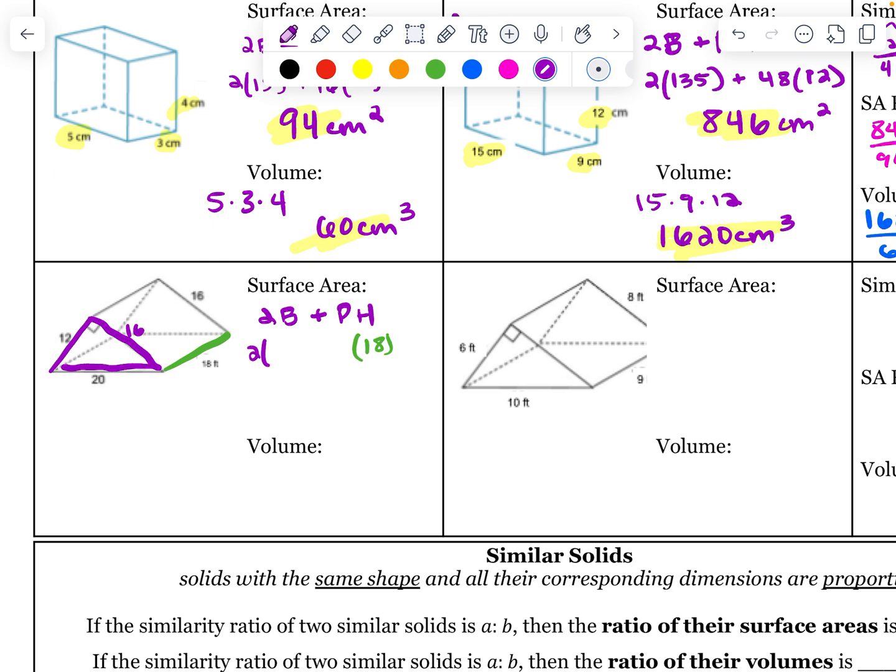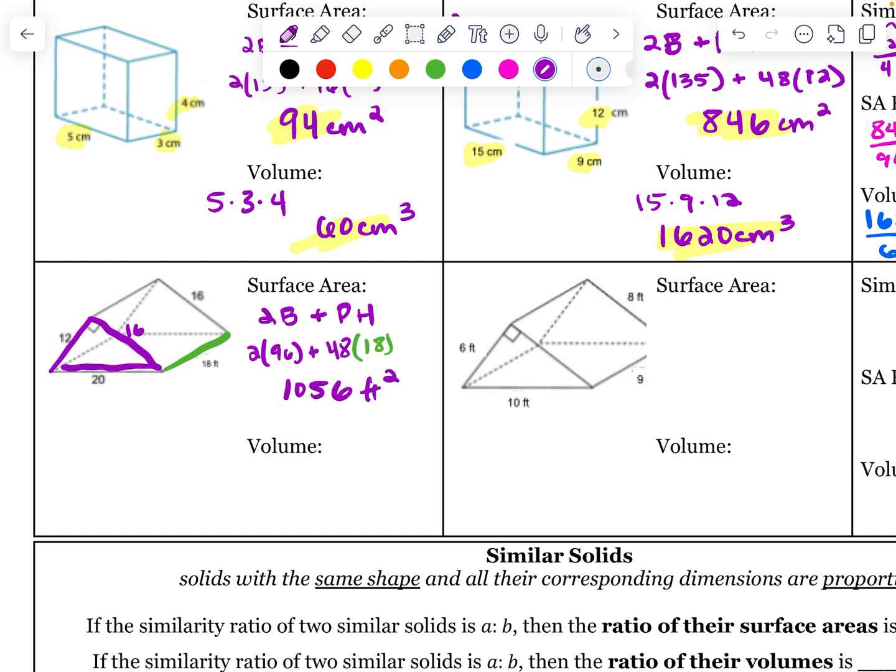So 12 times 16 divided by 2 is 96. Plus the perimeter is 12 plus 16 plus 20, 48. So 2 times 96 plus 48 times 18 is 1056 feet squared.